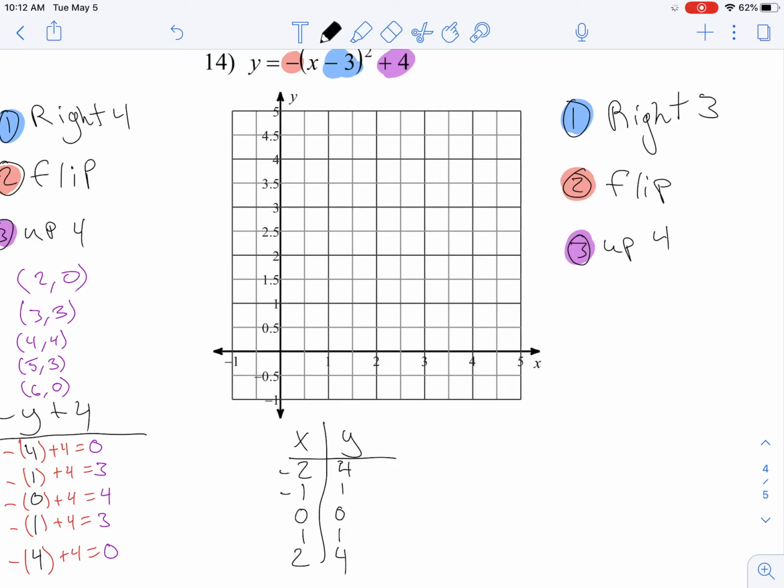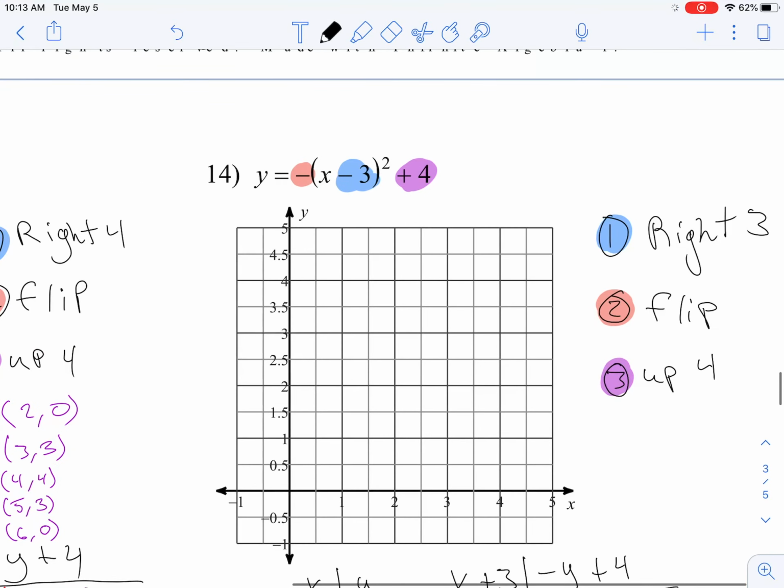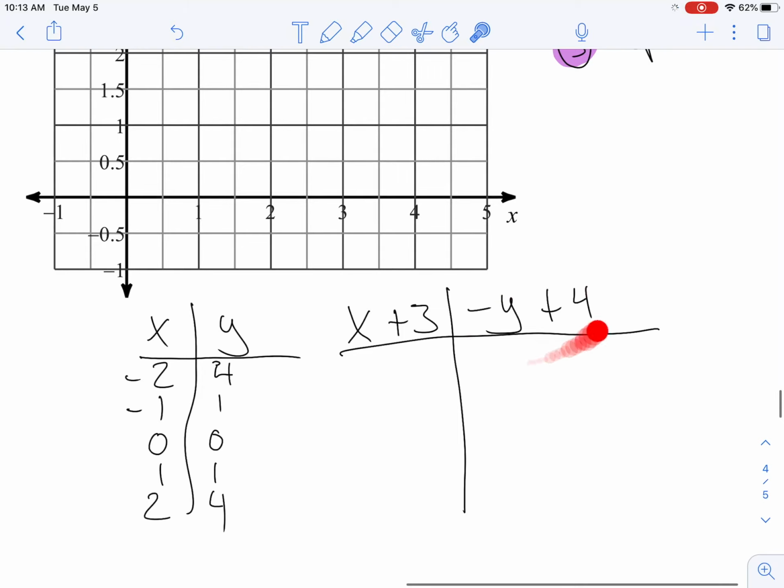So let's take our parent table with our values, and then we are changing those values. Our x is being added by 3 because it's moving right 3, so x plus 3. Our y is getting flipped, so it's going to be the opposite of y, so we use a negative, and then we're moving up 4. And again, if I replace my parentheses with a y, I get negative y plus 4, and that's what we have down here, negative y plus 4.